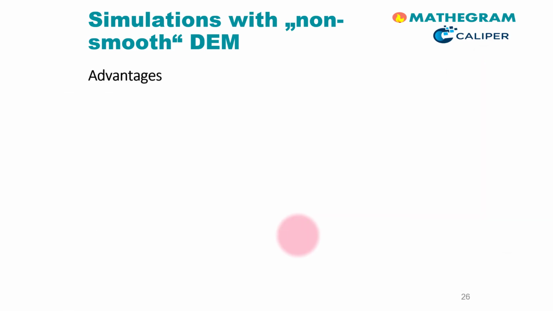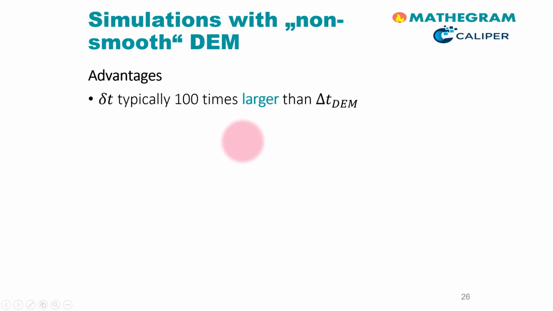We can now summarize our short excursion to the non-smooth DEM, starting with the advantages of this method. Specifically, this is a typically 100 times larger time step compared to the time increments delta t DEM that are needed in the classical soft sphere DEM. Also, the scheme is formally unconditionally stable.